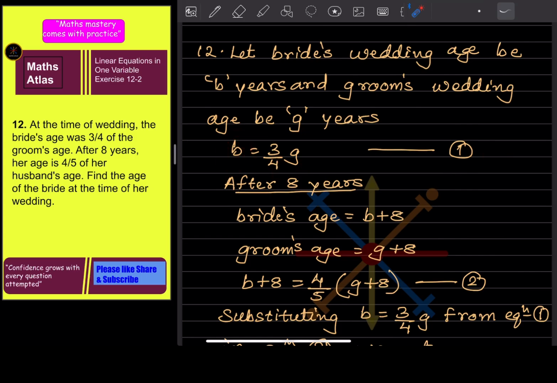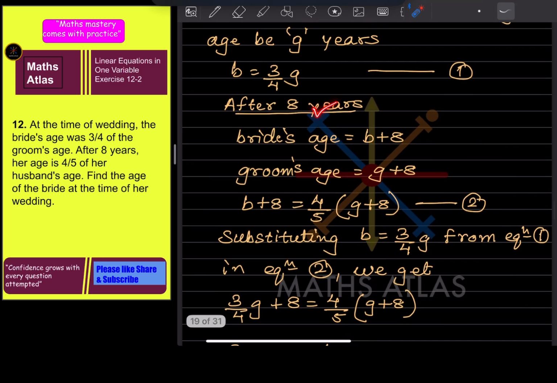The next sentence: after 8 years, her age is 4 by 5 of her husband's age. So after 8 years, the bride's age is going to be B plus 8, and the groom's age is going to be G plus 8. So B plus 8 is 4 by 5 of the groom's age, G plus 8.